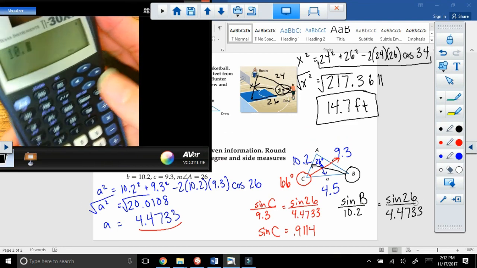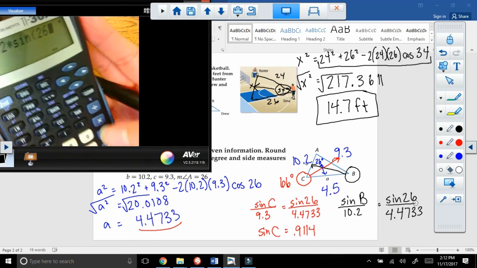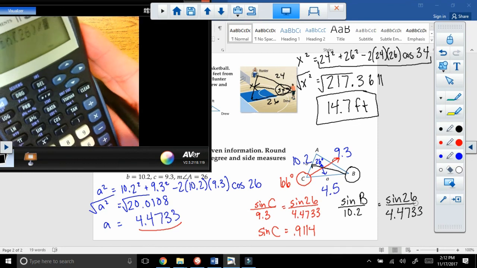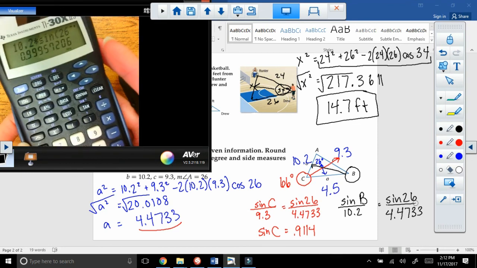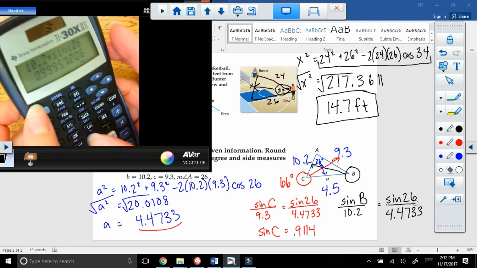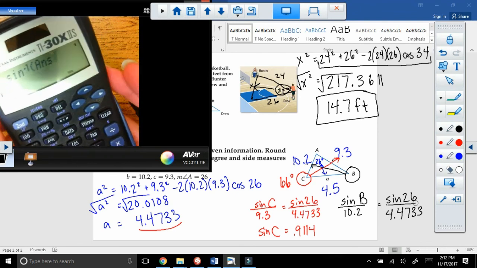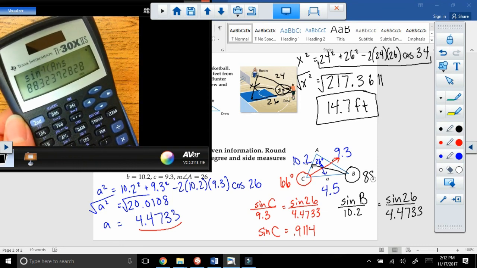So cross multiply 10.2 times the sine of 26, divide that by 4.4733. I don't know if you can see that. You get this 0.99 number. Again, make sure you do the inverse sine of that. So this angle here is about 88 degrees.